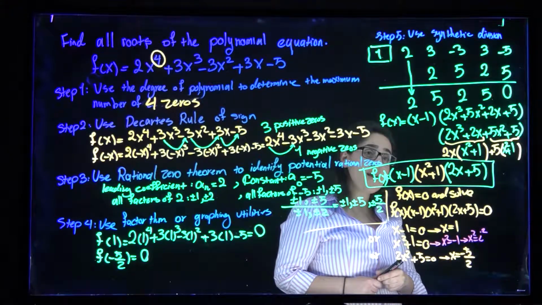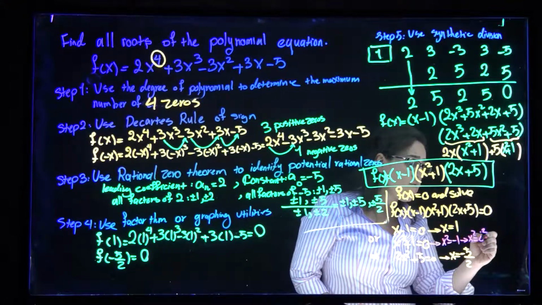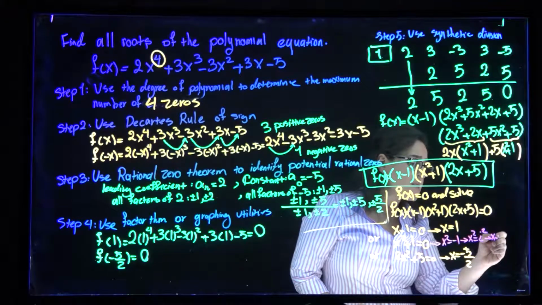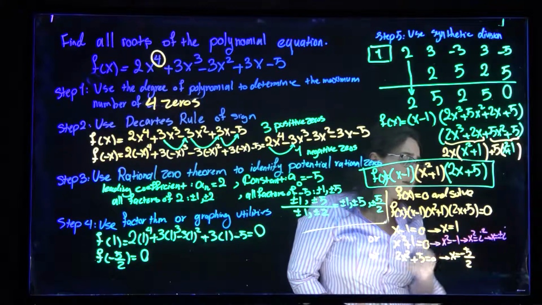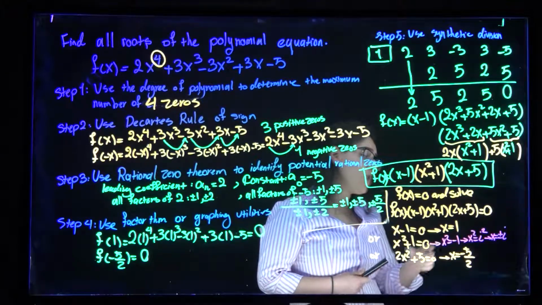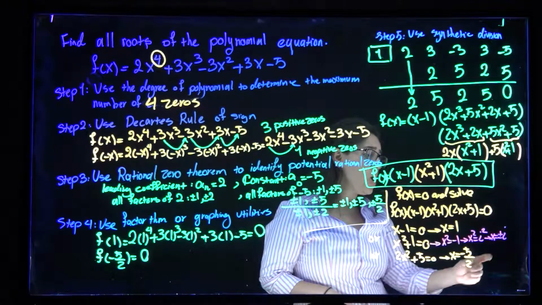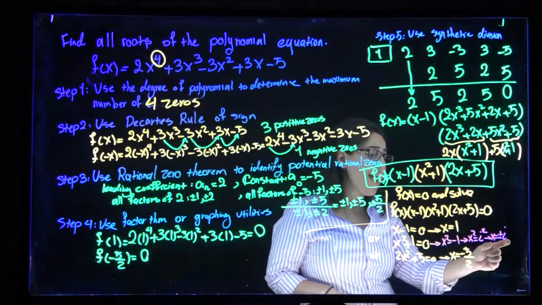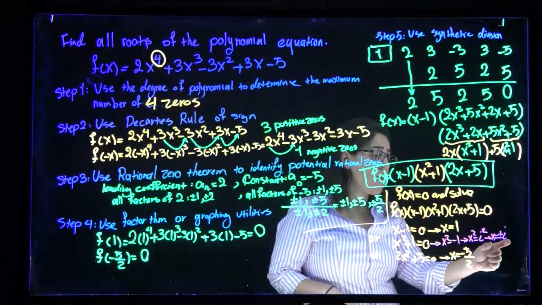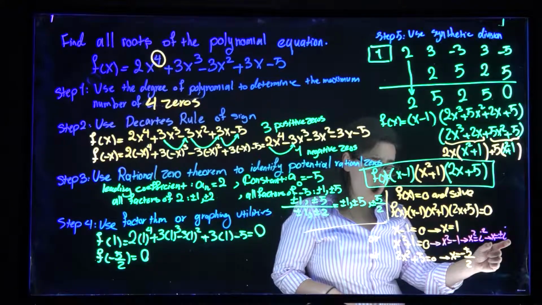So when I take the square root of both sides of the equation, I have x being plus and minus i. So not only is one of my roots 1 and the other negative 5 over 2, but I also have two imaginary roots, which are positive i and negative i.